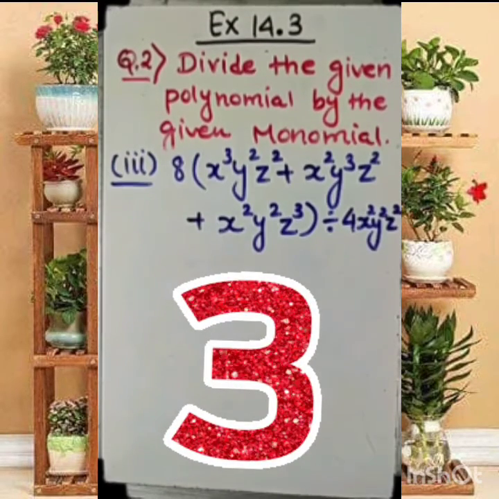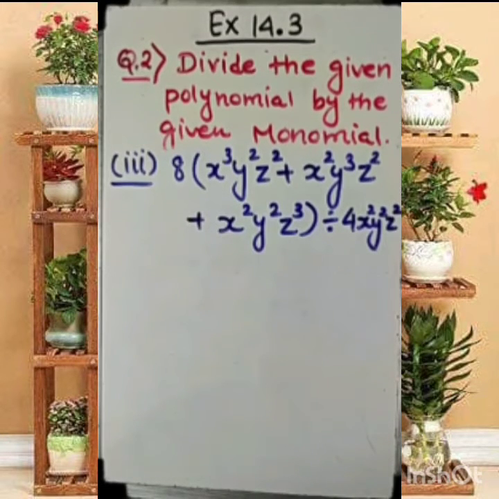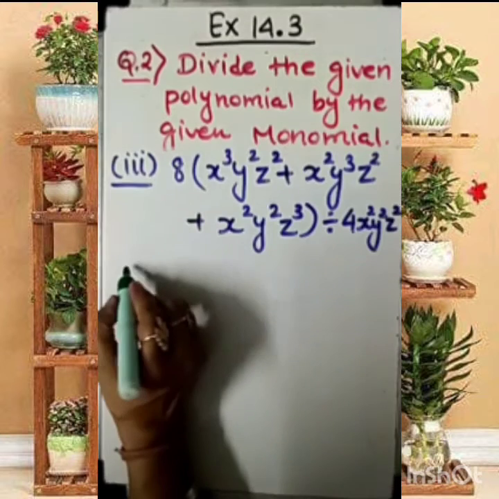So, the third one is 8 in bracket x cube y square z square plus x square y cube z square plus x square y square z cube, divided by 4x square y square z square. So in that case, my dear student, let's note down.